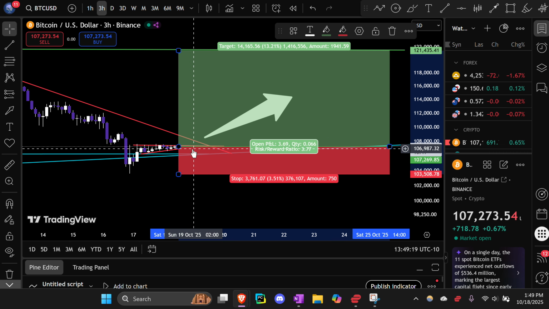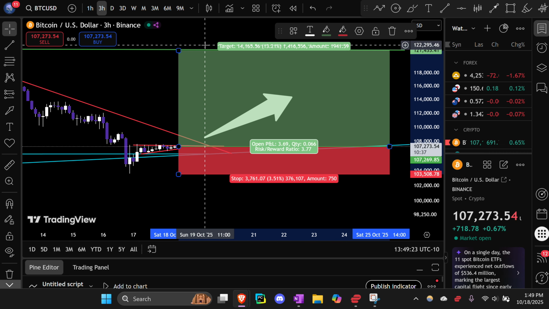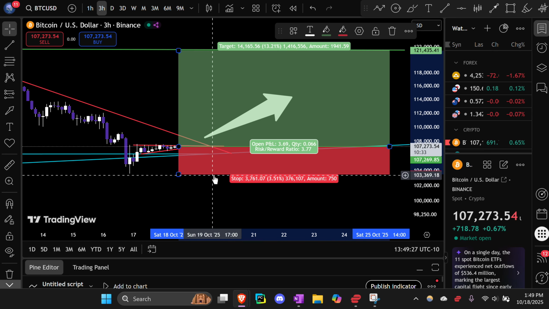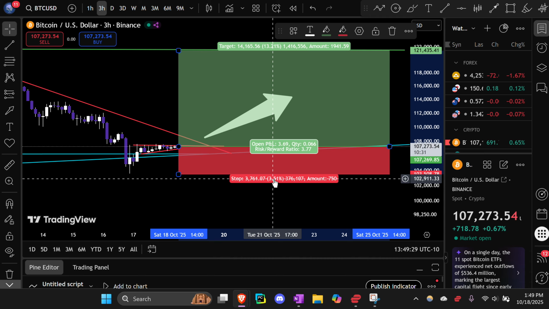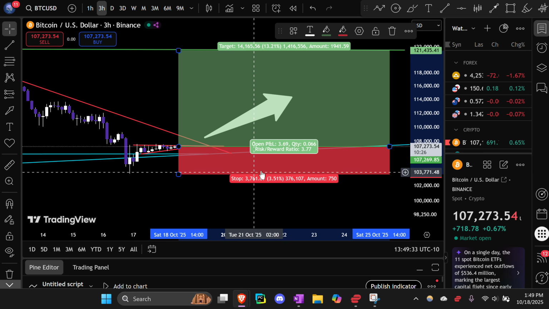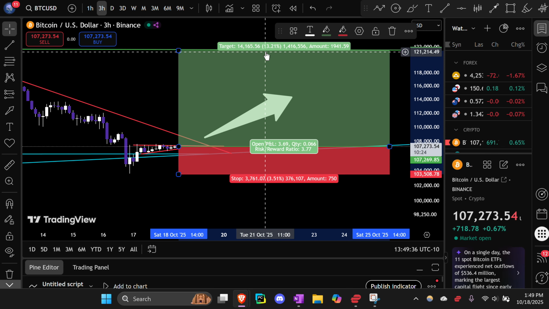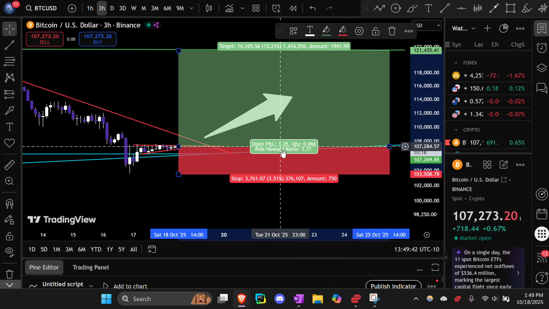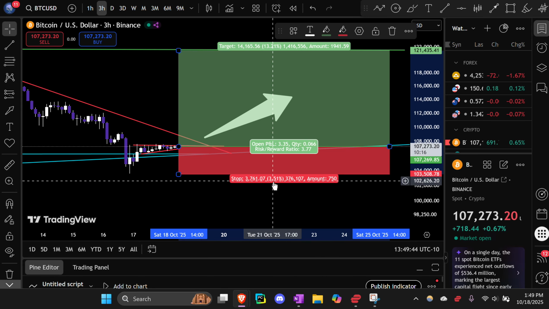So if you had $100, just risk $2 here. Let's say this is $3, you're risking $3.50. You risk $3.50 on this trade, and then you can potentially gain $13.21 on this trade based on the percentages. That would be risking 3.51%.